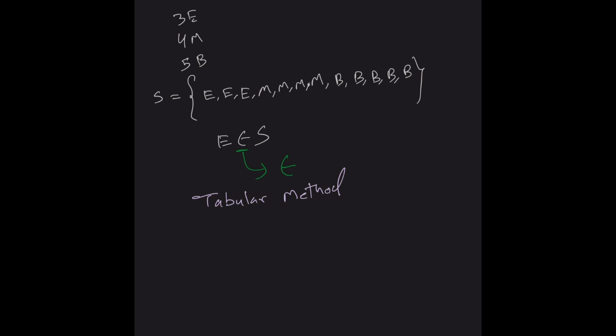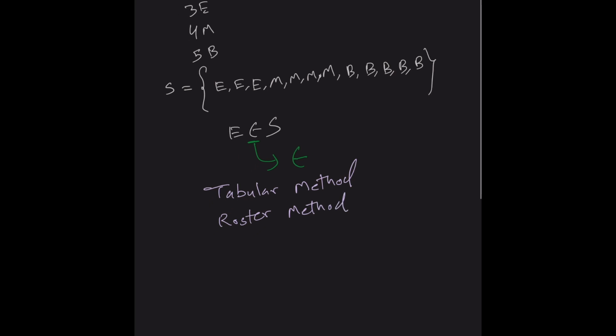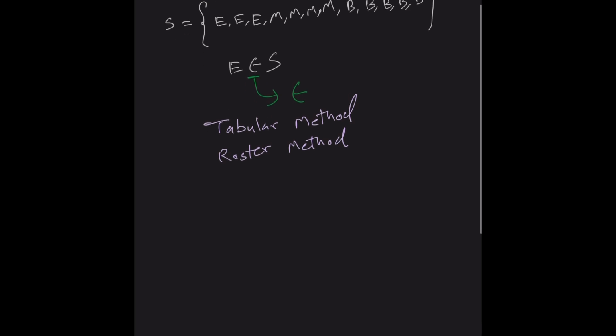It has another name, such as the roster method. Say there is a set called A. It consists of the numbers 2, 3, 5, 7, 11, 13, and 17.